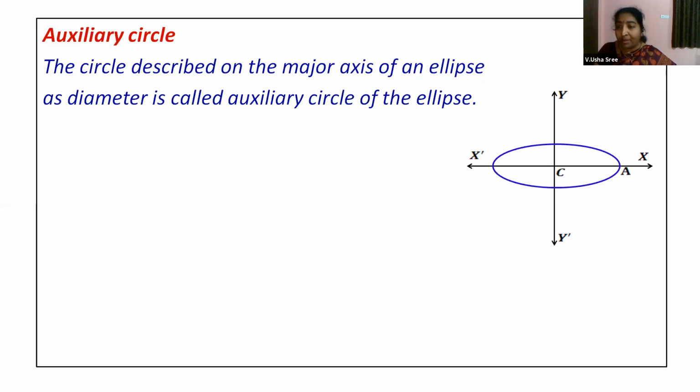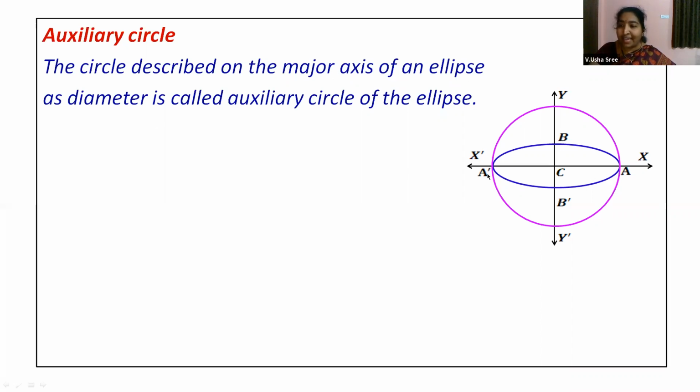Now, A A dash gives you the length of the major axis. B B dash gives you the length of the minor axis. Then the circle which is passing through the two vertices, what is it doing, children? It is taking the diameter as the length of the major axis. That's what is mentioned: the circle described on the major axis of an ellipse as diameter.